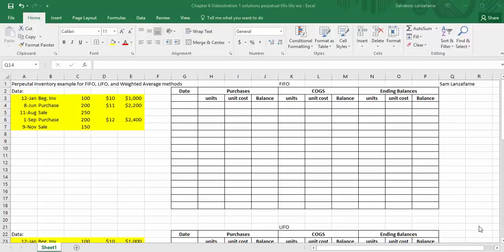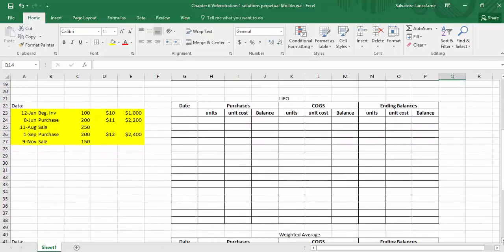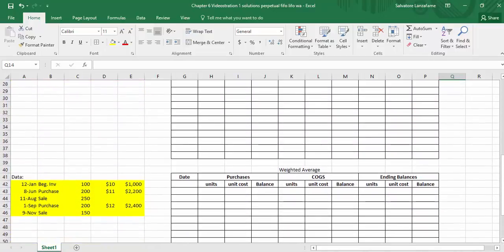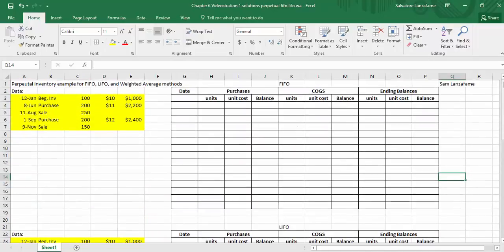You'll notice over to the left, I have a data box. I've repeated this data box a couple of other times here. So if you just glance down as I'm scrolling down, you'll notice that I just repeated the data. This way we don't have to scroll up and down so much during the presentation. So the first thing we're going to do is enter in the opening balance.